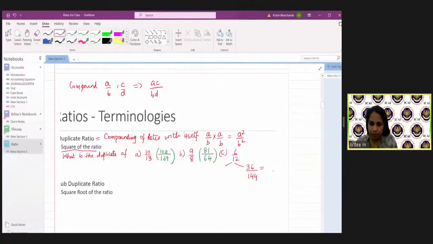So 36 fours are 144. The other way of doing it, 6 by 12, we would be converting into simplest form first and then duplicating it. So 1 square is 1, 2 square is 4. So this is about duplicate ratio. Keeping the slide for your reference.